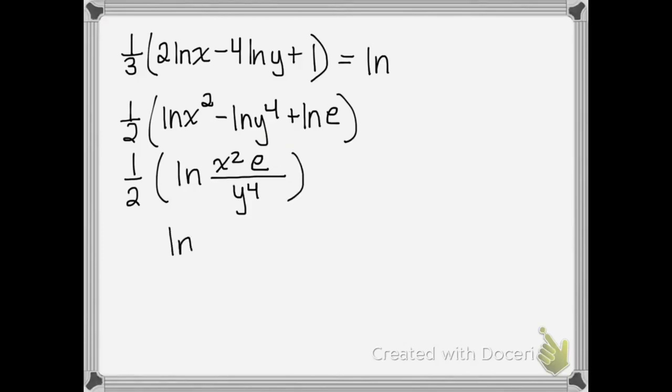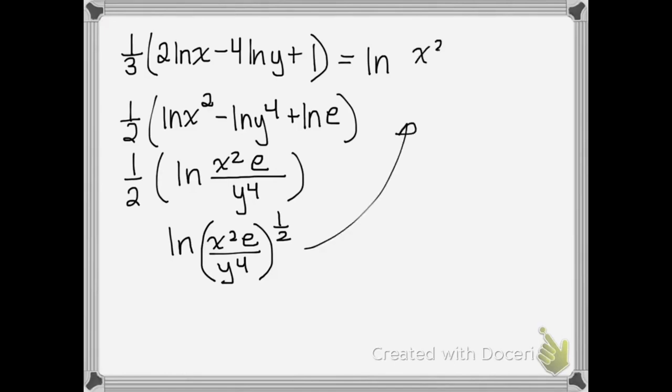So I've got ln of x squared e over y to the 4th, and that argument is going to be raised to the 1/2 using the power property of logarithms. And there we've accomplished our objective. We've written it as a single expression, as we were trying to do.